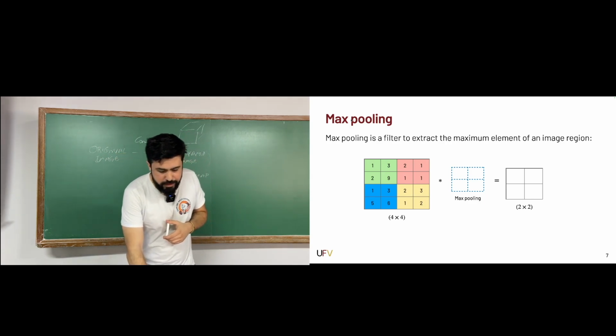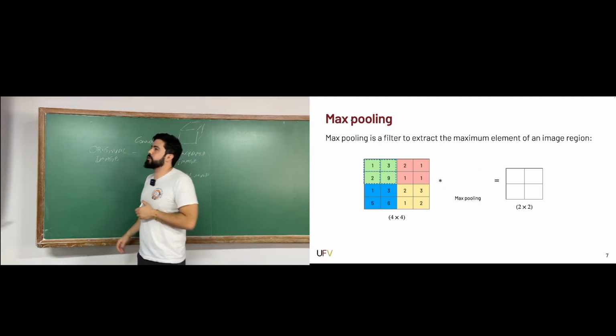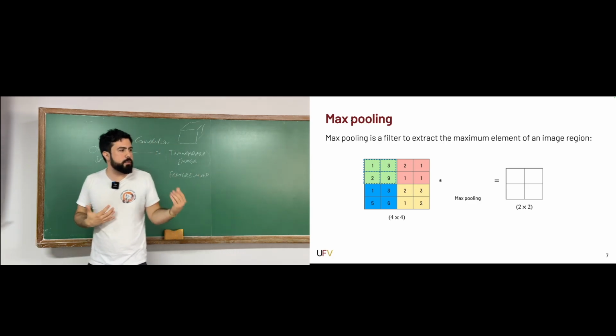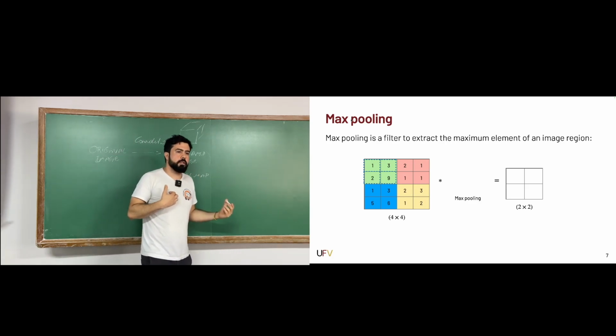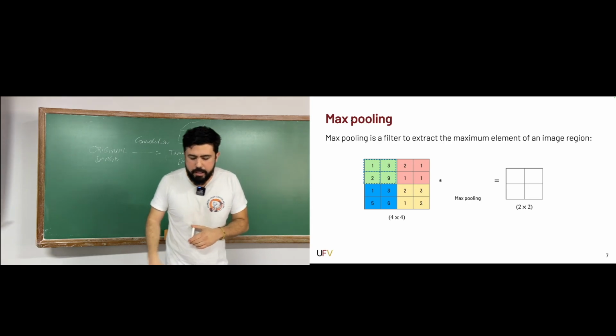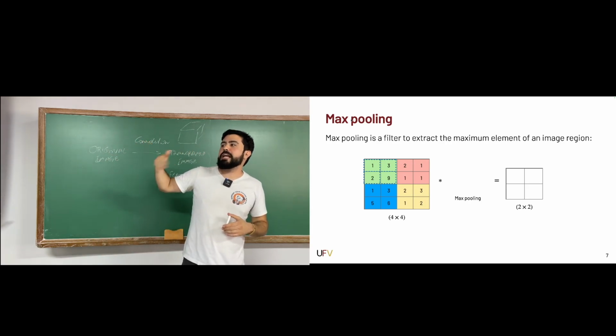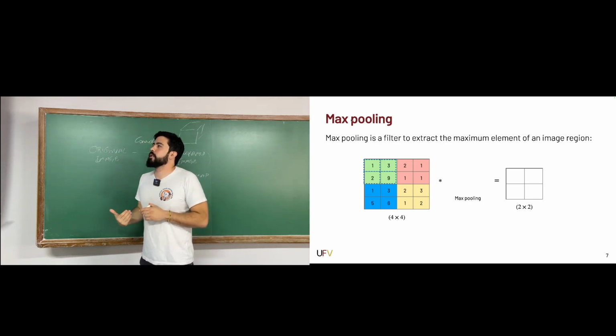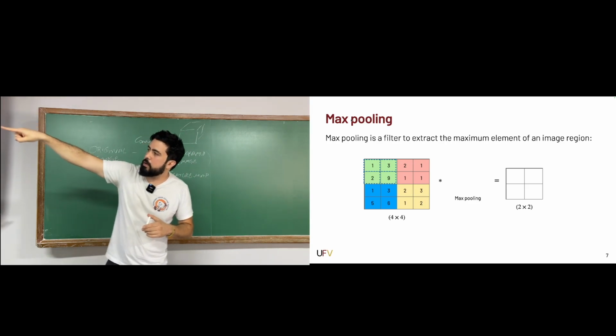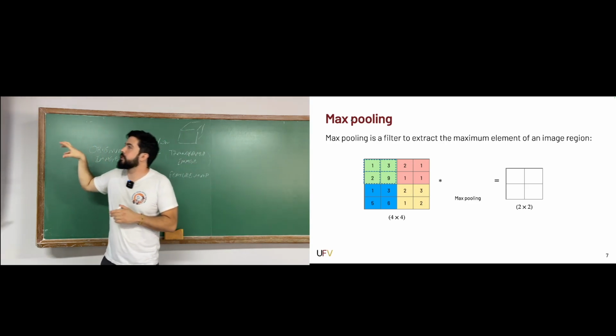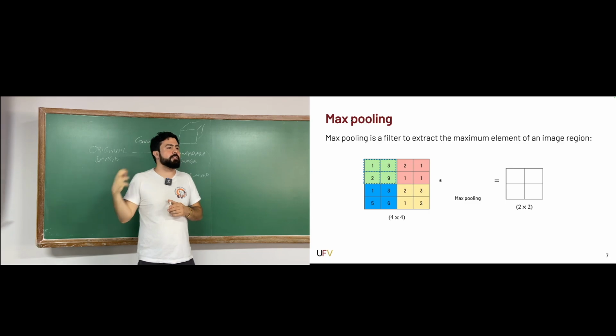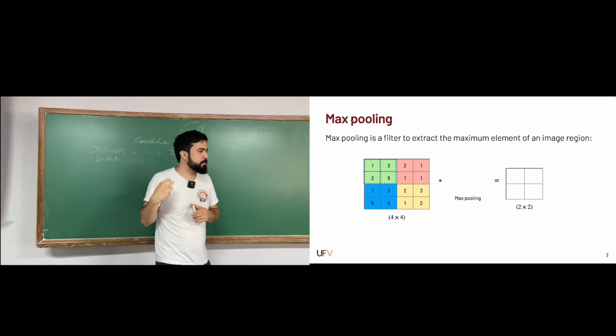What you're going to do is slide this filter, or convolve it, the same way we did before. But at every convolutional step, you're just going to look at all the pixels inside that filter and extract the maximum value out of it.